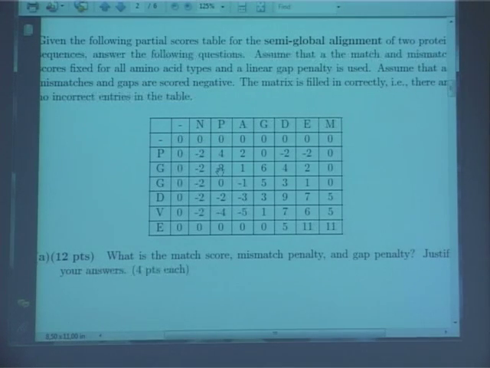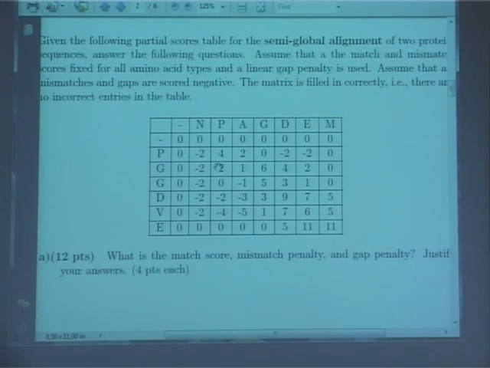The match score was 4, so -2 to 2 would be 4. But it doesn't tell me anything about match score, because this cell entry is about G and P, a mismatch.